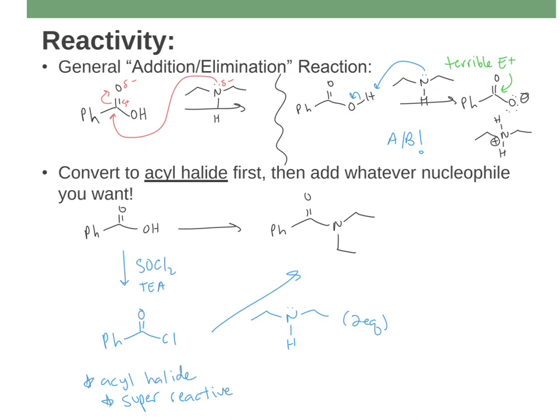All right, just to give you a quick idea of the mechanism, we'll do more of this later when we talk about acyl halides, but here's the quick cheater's version. Don't put these together like I am. But right, you would attack that partially positive carbon, the electrons would kick up, those electrons would then kick down and kick out your chloride to give you this, but you'd end up losing this hydrogen, right? This hydrogen would go off, become H+, but that H+ would get picked up by, like I was saying, that second equivalent of amine.